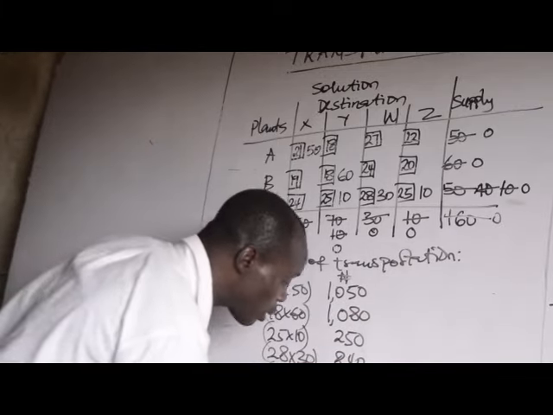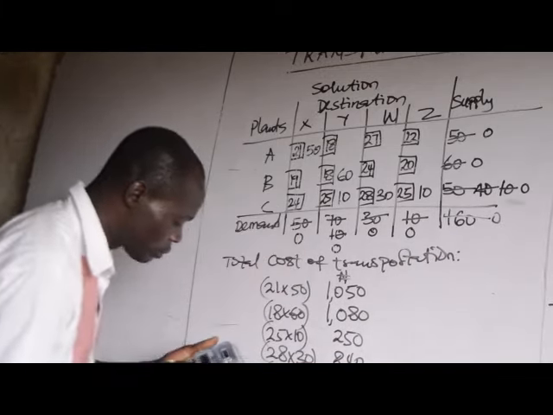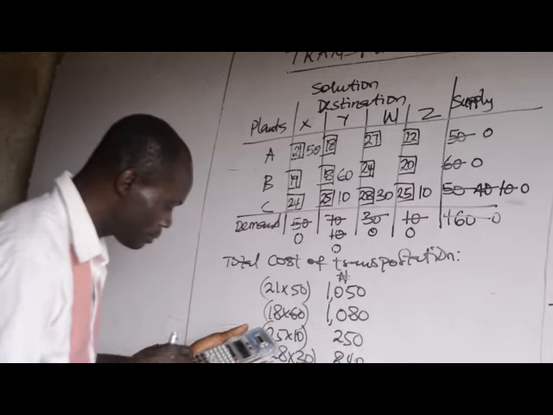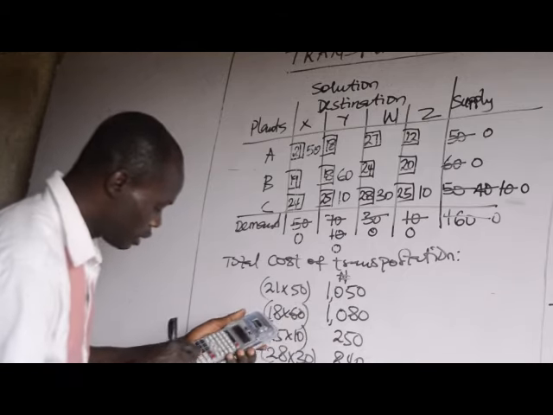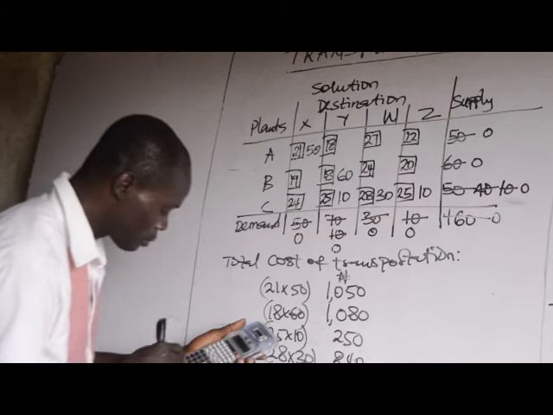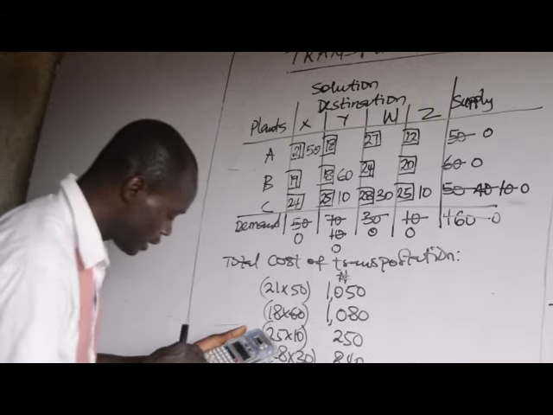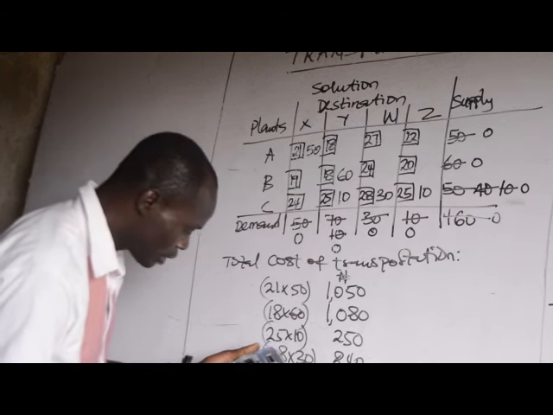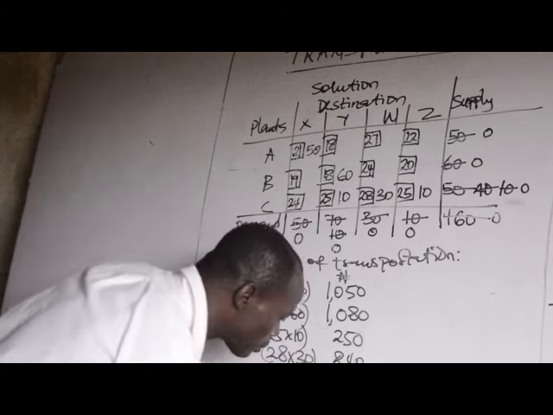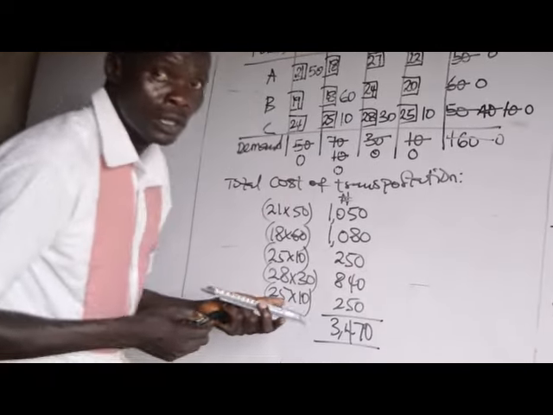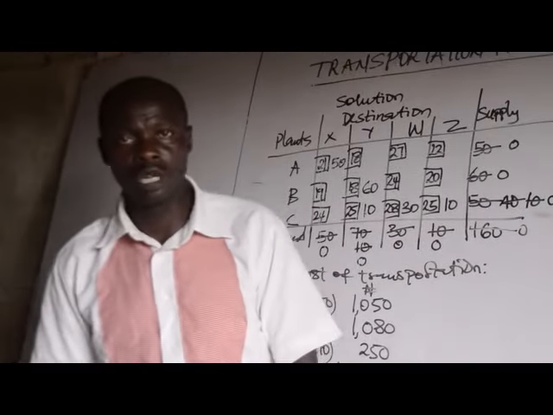So, what is the total cost of transportation using the northwest corner rule? 1,050 plus 1,080 plus 250 plus 840 plus 250 gives us 3,470 naira. So that is the solution to the question.